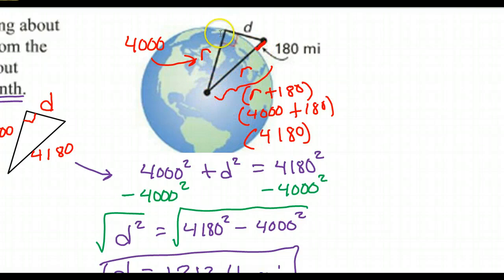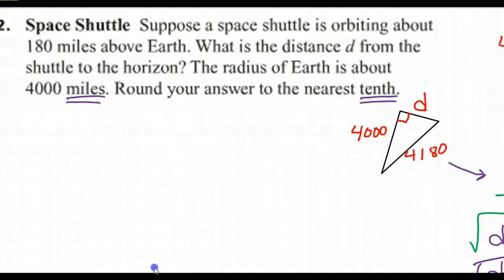Now, of course, this is a radius of the Earth, and this is a radius of the Earth, both of these lines. So that means, as far as this right triangle, the whole hypotenuse will be r plus 180, the radius plus 180. But we're given more information. We're supposed to find the distance d from the shuttle to the horizon, but we're told that the radius is about 4,000 miles.